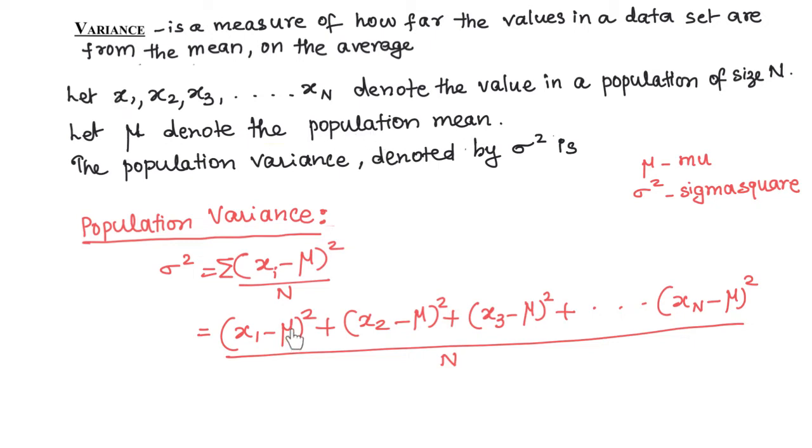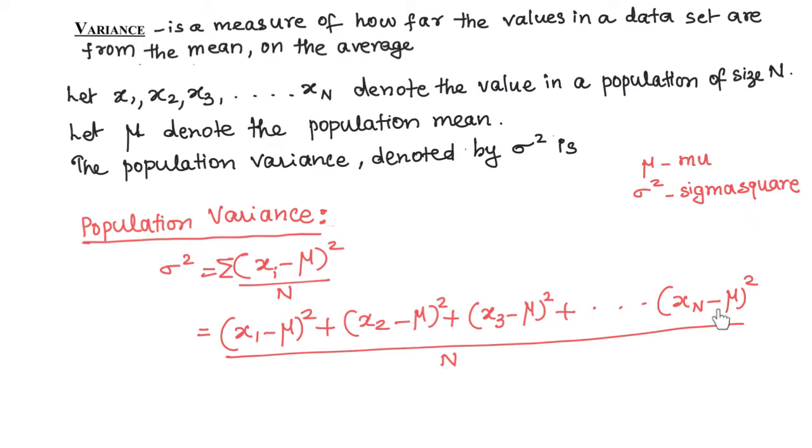So x1 minus mu square plus x2 minus mu whole square plus x3 minus mu whole square plus up to xn minus mu whole square. That means you are taking the difference between these values and mu and squaring, then you are adding all those together and dividing by the population size n.